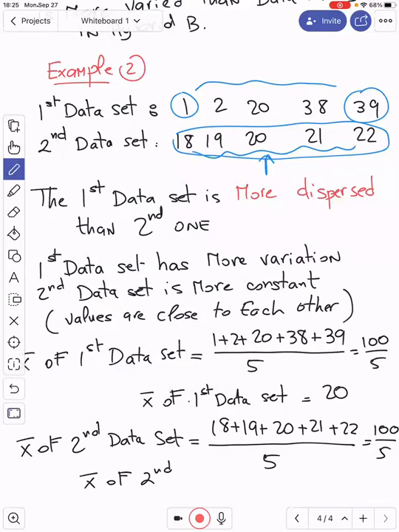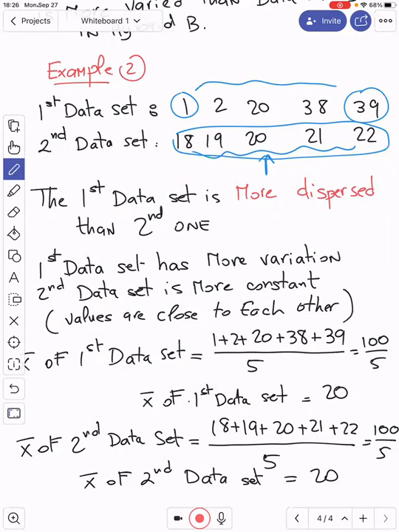And again, the mean is supposed to represent the expected value of your data. So the expected value for both data sets is 20.